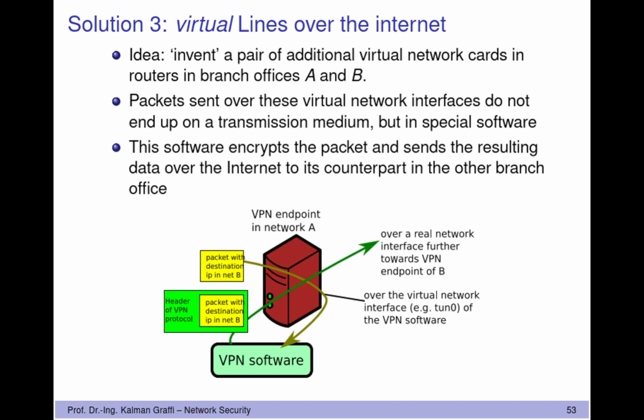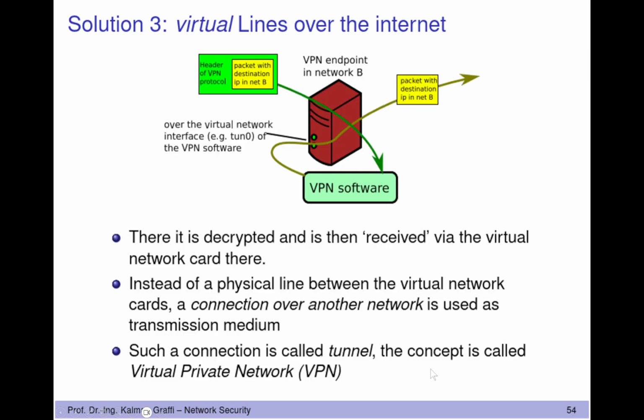On the sender side, you have a real network interface and a virtual network interface, and packets sent to the virtual network interface will be encrypted, processed through software, and sent over the real network interface later on. On the recipient side, the encrypted messages arrive, are associated to the virtual private network software, decrypted at that side, and then released in the intranet again at the recipient side.